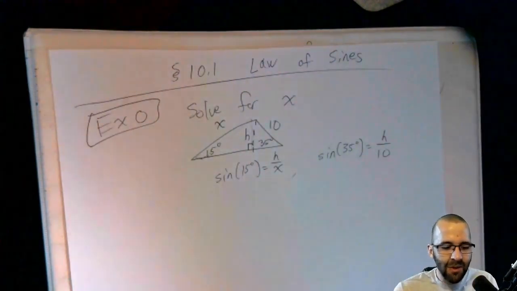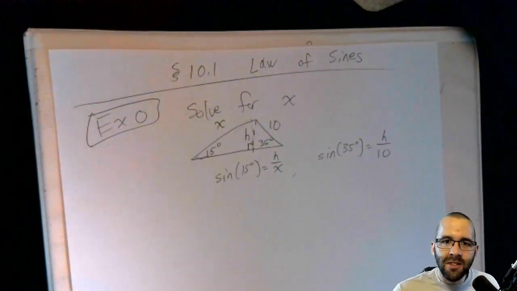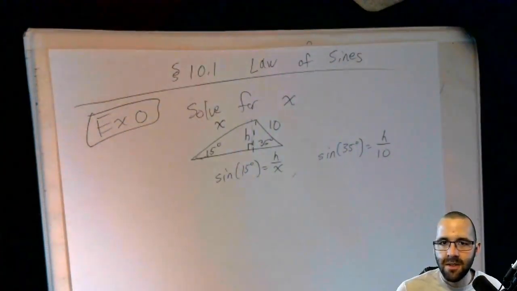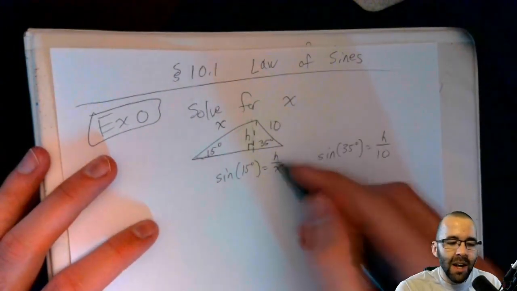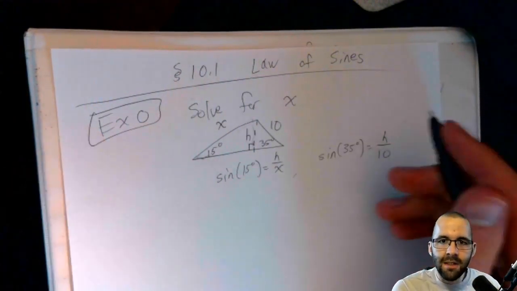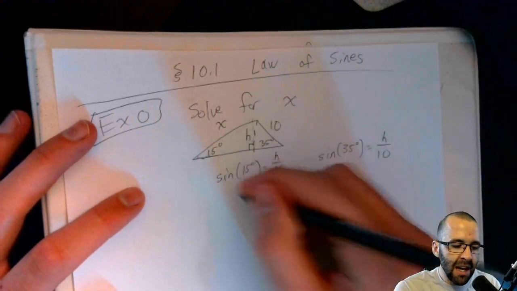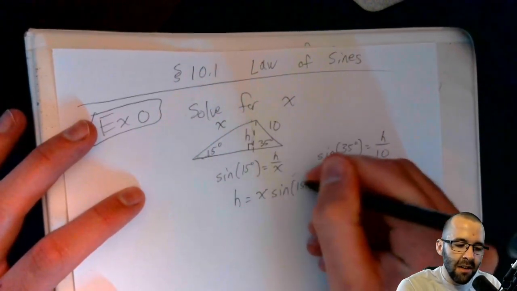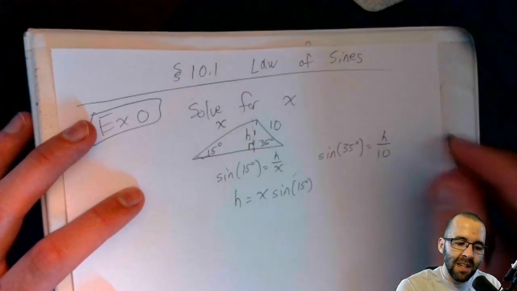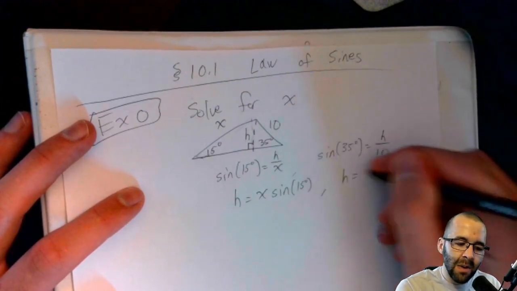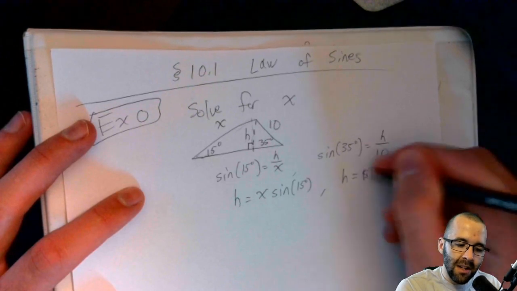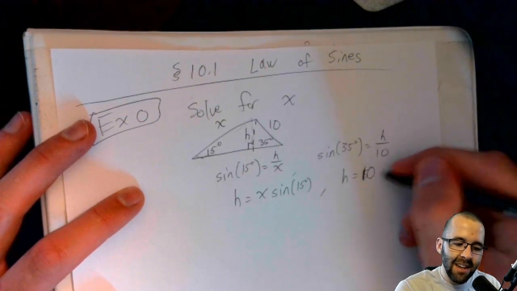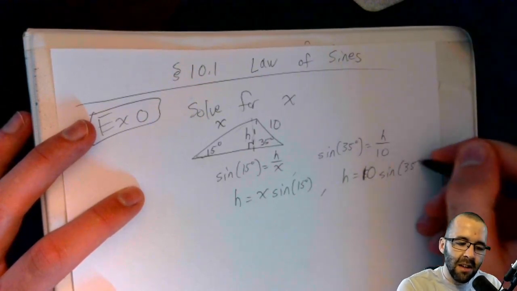There's a couple different ways of solving a system of equations, but one of them is through substitution. We don't care about H, so let's solve for H and sub it out. Multiply both sides by X, and you get H is equal to X times the sine of 15. Multiply both sides by 10, and you get H is also equal to 10 times the sine of 35 degrees.